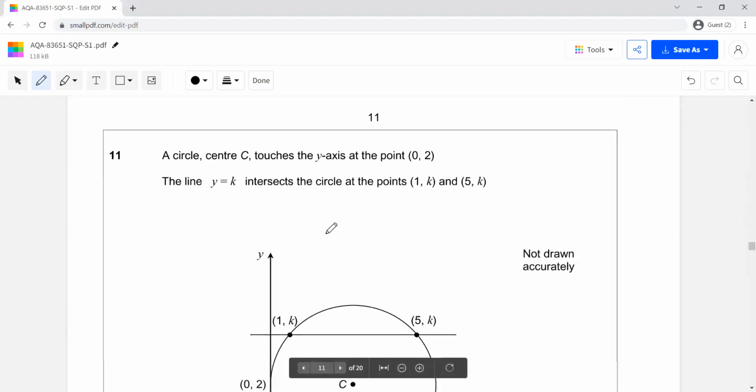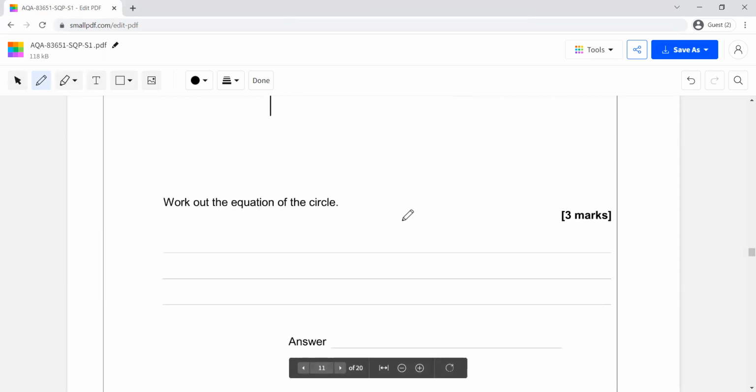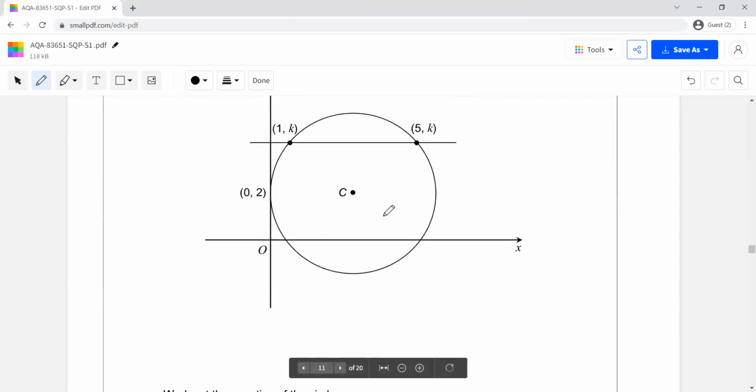Next question. A circle center C touches the y-axis at 0, 2. The line y equals k intersects the circle at points (1, k) and (5, k). Work out the equation of the circle. Okay, so this is a triangle.